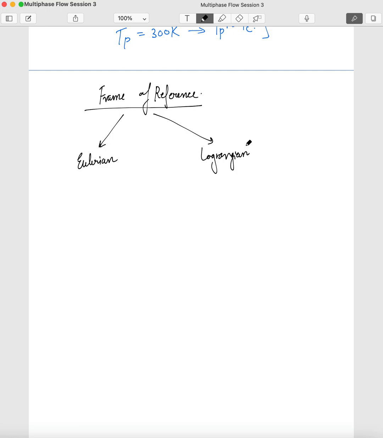Okay, so Eulerian is what we call a fixed frame of reference. So it means that if some flow is flowing, you sit here, and you are looking at the fluid.